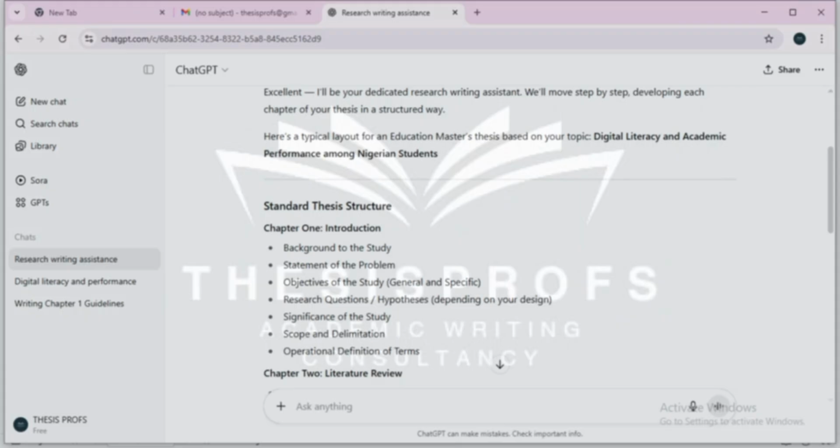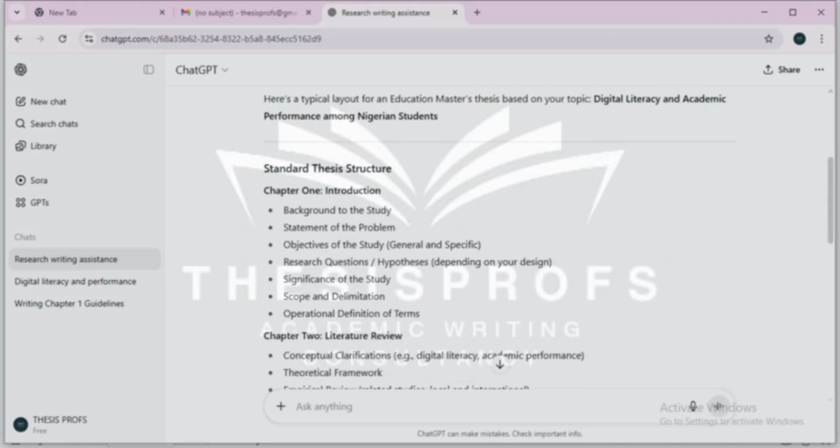You understand? So you're going to prime it if you have an institutional or departmental format on how to go about your project from chapter 1 to chapter 2. But since I did not prime it, telling it that I have my own document to give it, it went ahead to provide this for me.